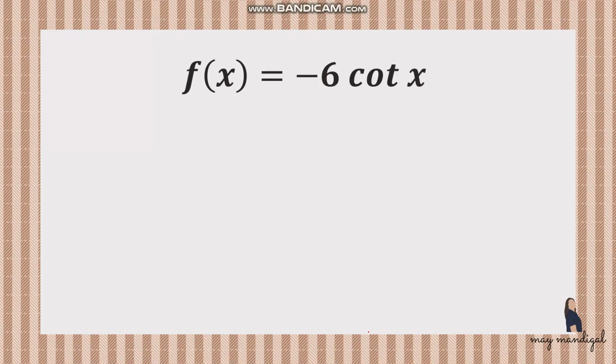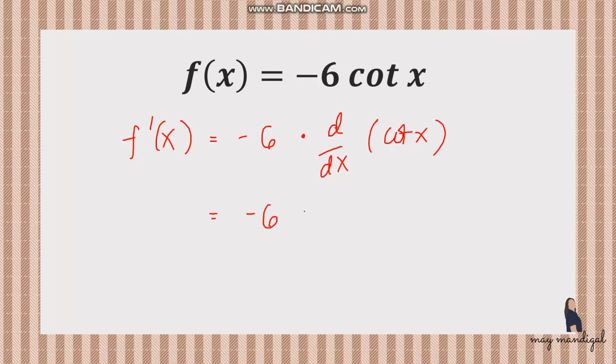Example, f of x equals negative 6 cotangent of x. So we have now f prime of x is equal to negative 6 times the derivative of cotangent of x, which is negative cosecant squared of x.